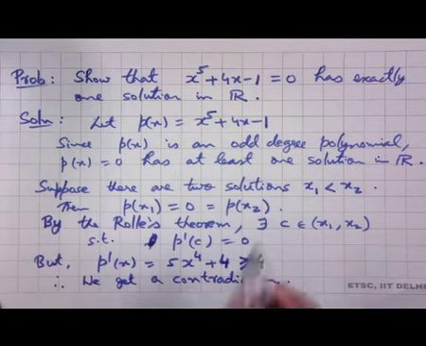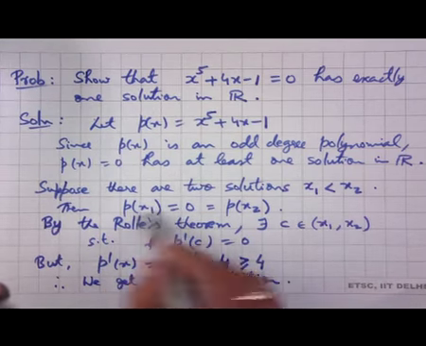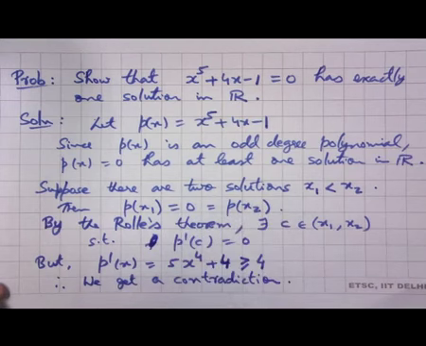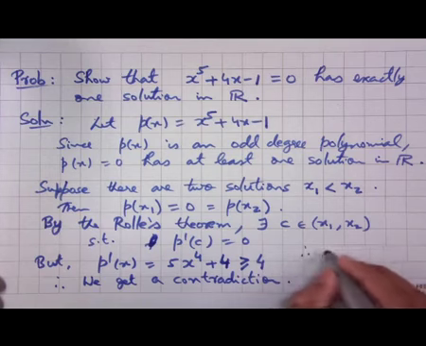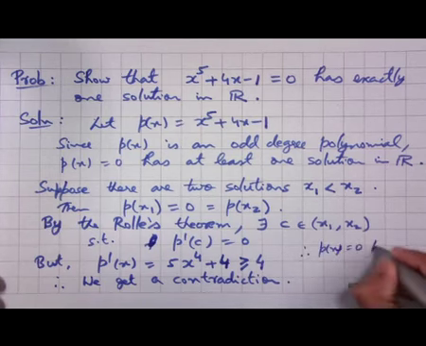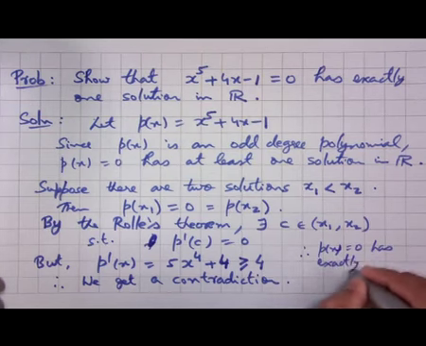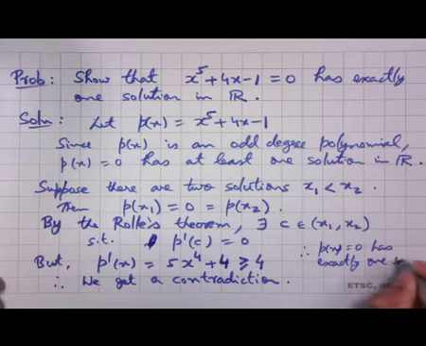The contradiction is because we assumed that there are two solutions x 1 and x 2. Therefore, P x equal to 0 has exactly one solution.